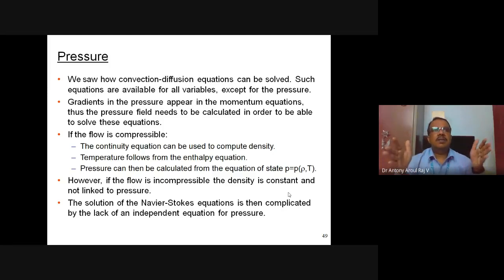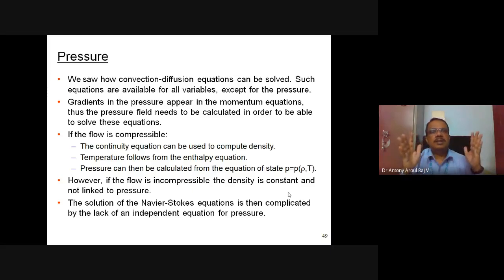T is already calculated from the energy equation, and rho from the continuity equation, so for each node you can use this simple formula to calculate the pressure. So you can get the pressure plot also, because in all the solvers you will be interested in the density plot, pressure plot, velocity plot, and temperature plot. So for a compressible flow, you don't have any problem at all.